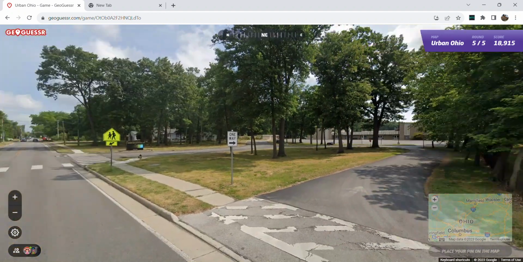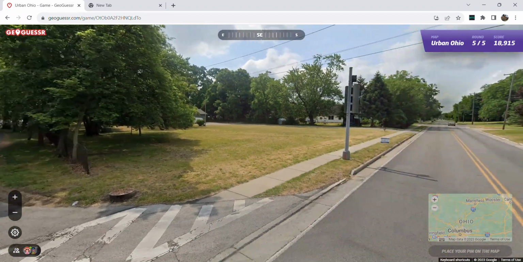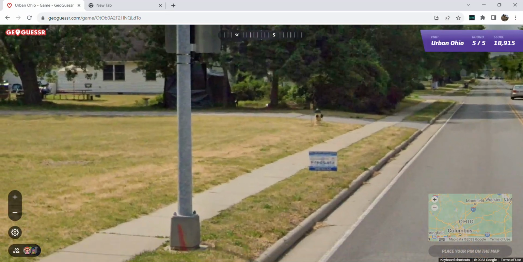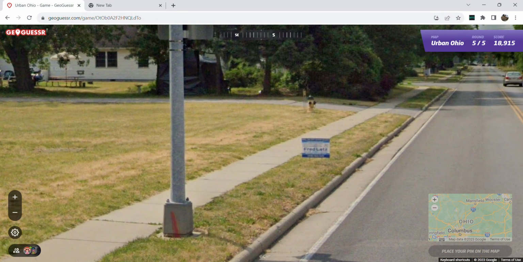That would indicate Toledo, because if we were in urban Ohio, the only 419 city of appreciable size would be Toledo. I did not put Findlay on this map, and I didn't put Lima on this map.